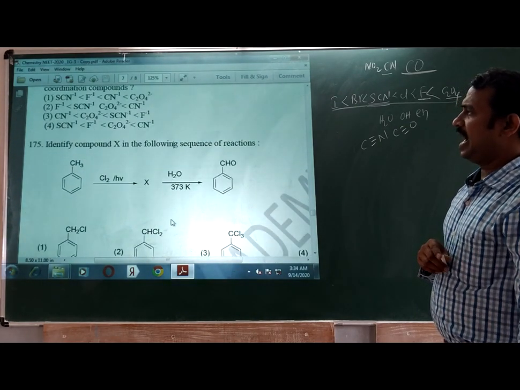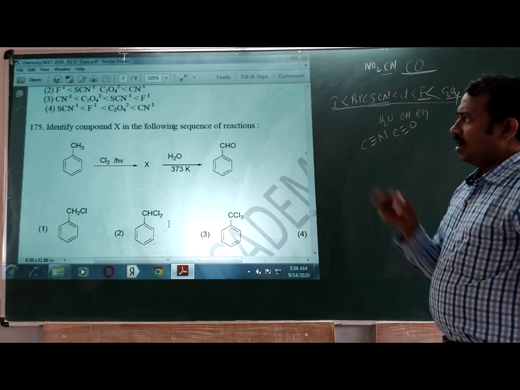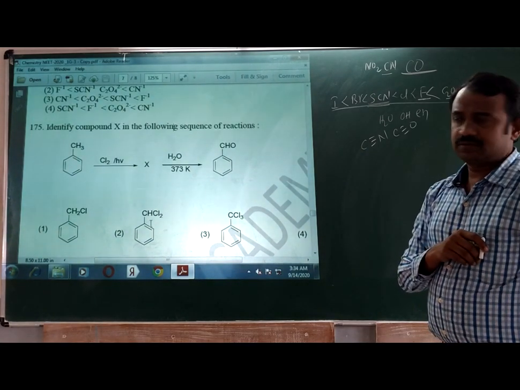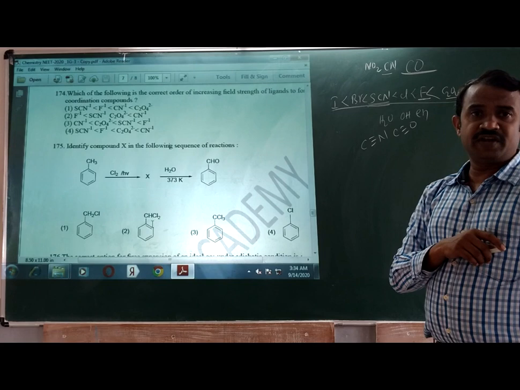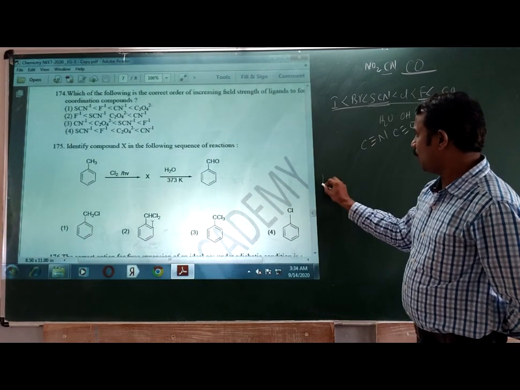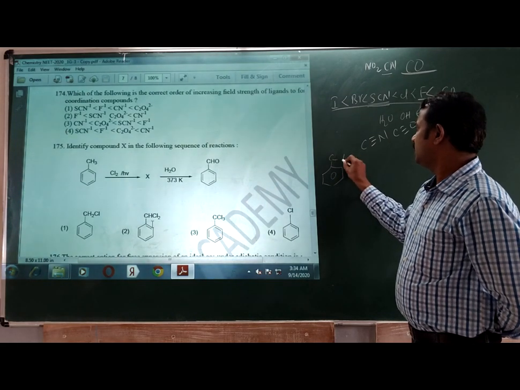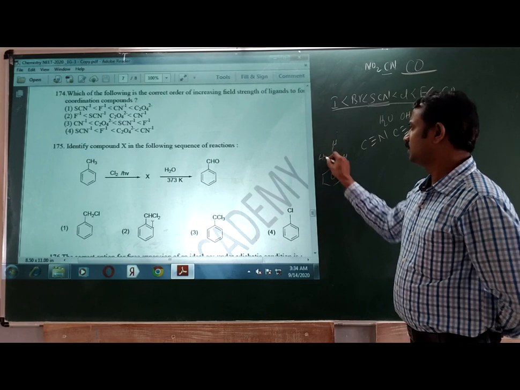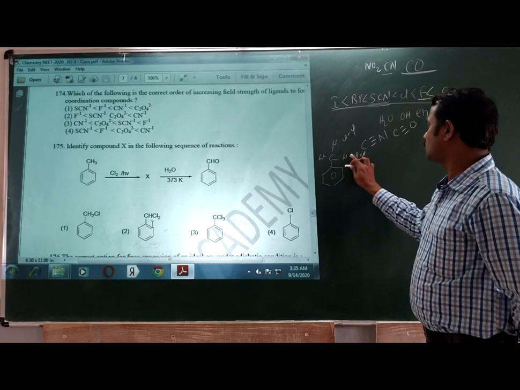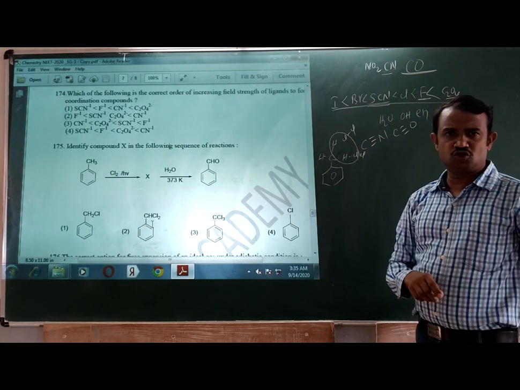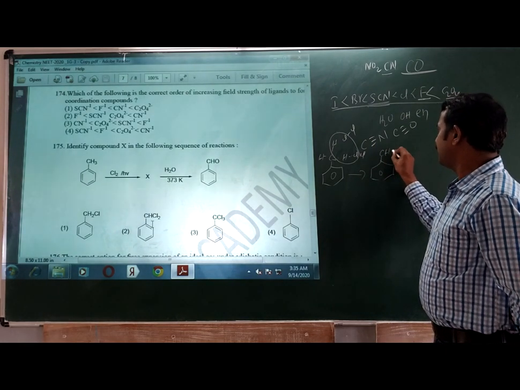Next one, identify compound X in the following sequence of reactions. Toluene reacts with chlorine in the presence of sunlight, a photochemical reaction. This is called a free radical substitution reaction. When toluene reacts with chlorine, two molecules of chlorine are used, releasing 2 molecules of HCl, to form benzal chloride.